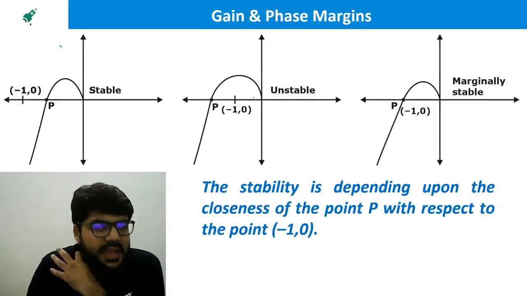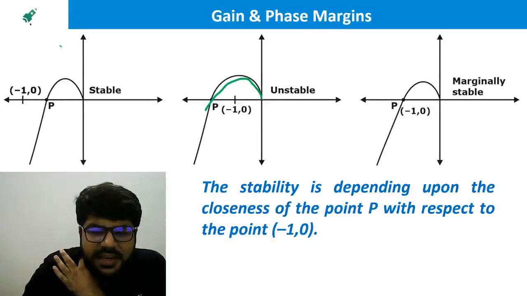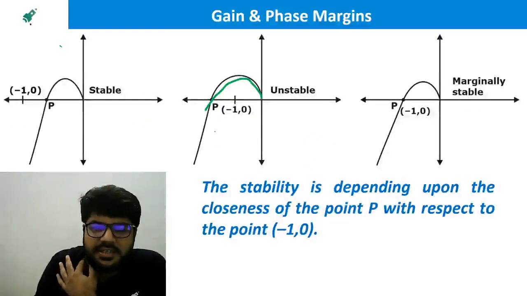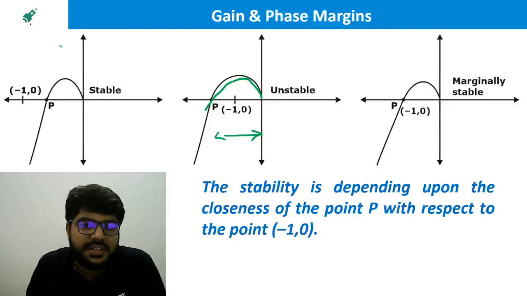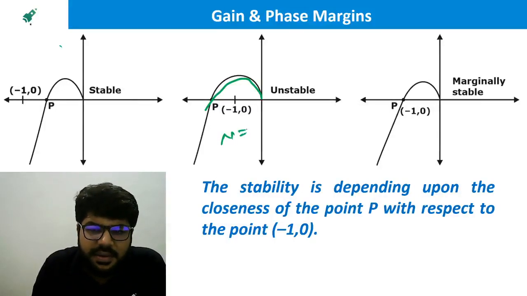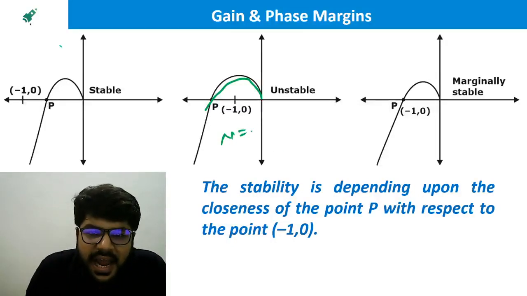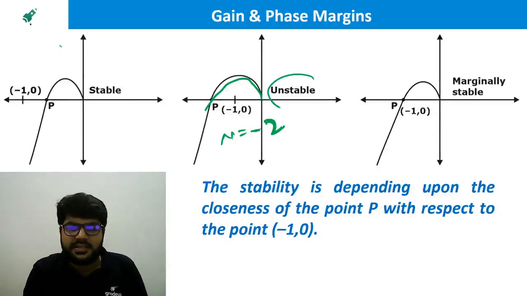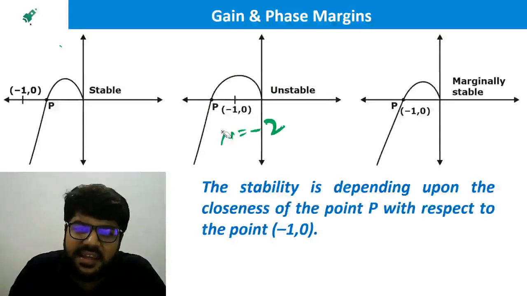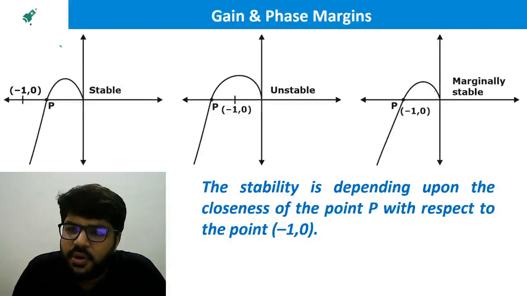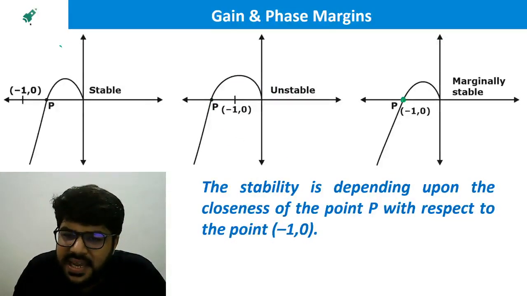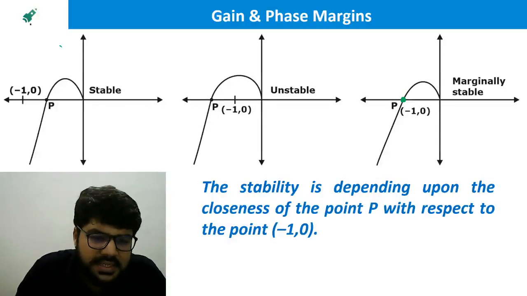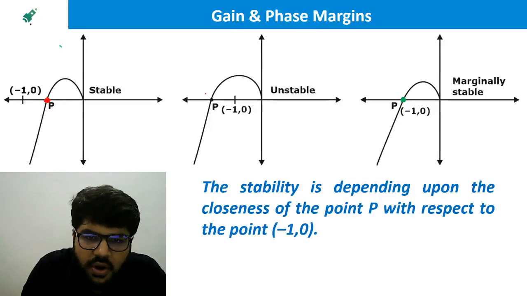And if the point P is coming after minus 1, 0, like this, that means the distance k t1 t2 divided by t1 plus t2 is greater than 1. Then there is the encirclement. I have only taken the polar plot in this slide, and then we saw that there will be minus 2 encirclement, meaning 2 clockwise encirclements, and the system is unstable. And there may be the case that the polar plot is exactly passing through the point minus 1, 0.